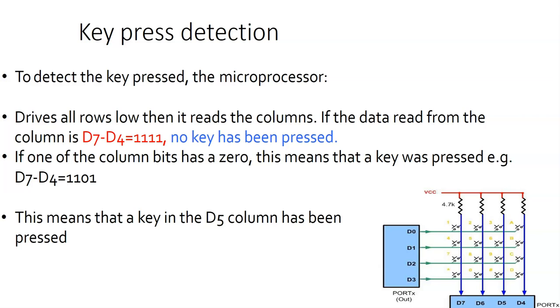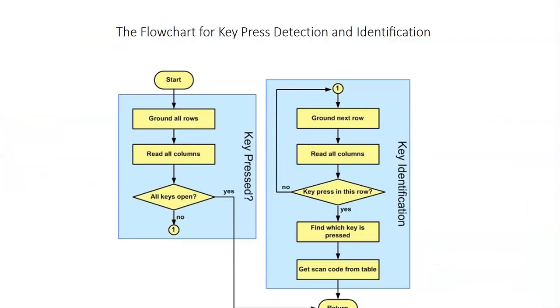So we'll drive each row one at a time low, read the data from the input columns, and if at any point we see one of those bits as being low, we'll know that that was the particular column and row that had its key pressed. That's shown in the flowchart here at the end, and because the table has a fixed layout, we can get the corresponding character from a table once we complete the process.